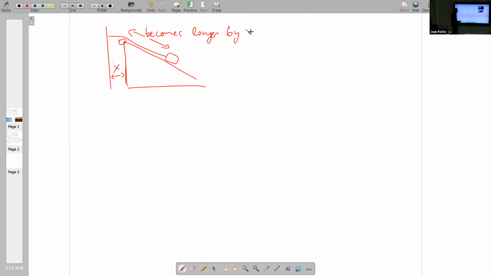Right, because this horizontal piece becomes shorter by x, so the hanging part, the inclined part becomes longer by x. So this small brick on the wedge becomes down by delta y. Let's say the vertical displacement y is equal to, if here we have alpha, x times cosine alpha.